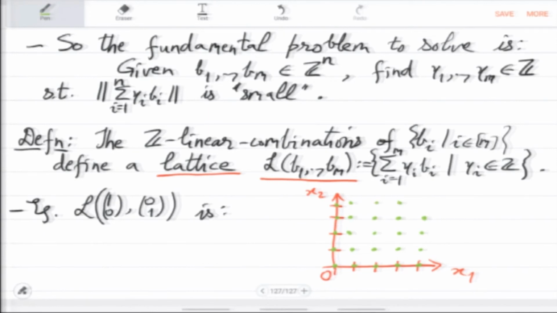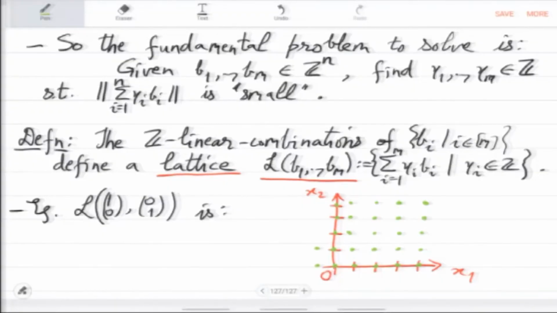So these green points are exactly the lattice points, and they are in all the quadrants, because you can not only add, you can also subtract. All integer combinations are allowed, so it is on all the sides.